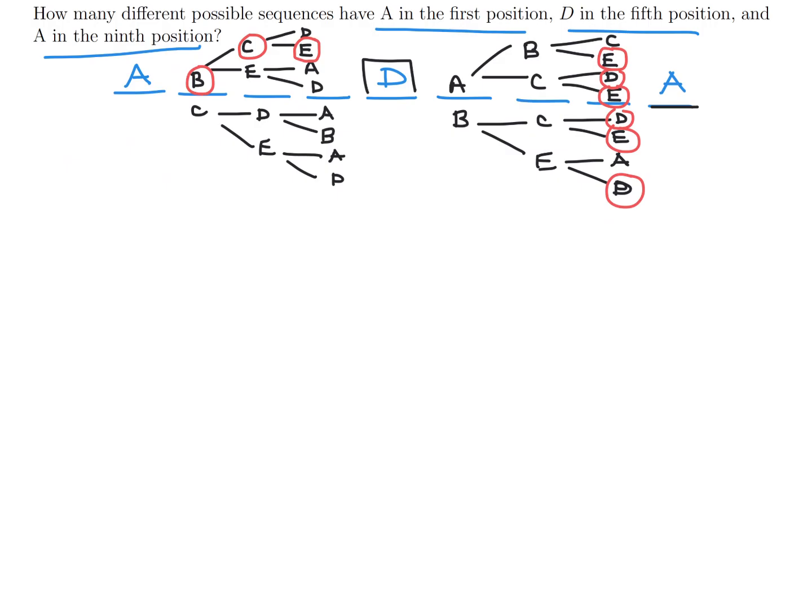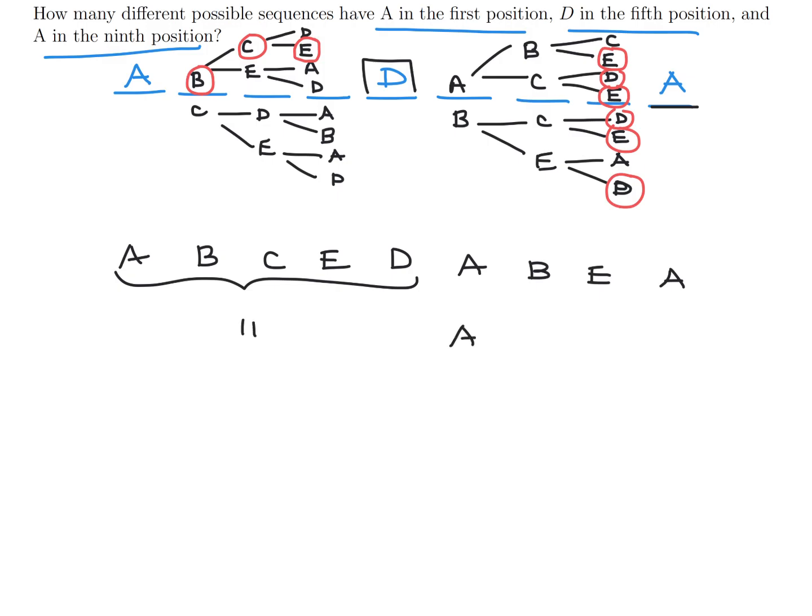Okay, no problem. Now let's list all the possible paths here. So A, B, C, E, and D. That seems to be kind of fixed for those ones, but then it becomes different for the next ones. A and A, that's fixed, but then the middle two are going to be different. B and E, that's one path.